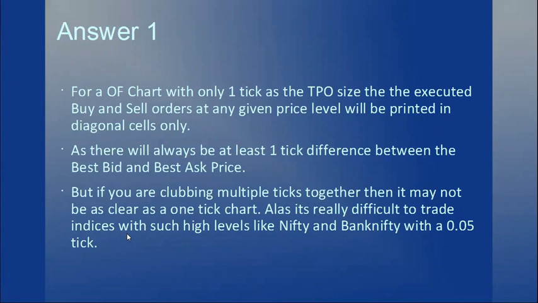But in the case of Nifty and Bank Nifty, there is occasionally more than one tick difference between the best buy and sell price. The primary reason is liquidity, and secondarily the value of these indices is so high. Bank Nifty is trading about 10,000, and still we have the tick size as 0.05. So that leads to that problem.